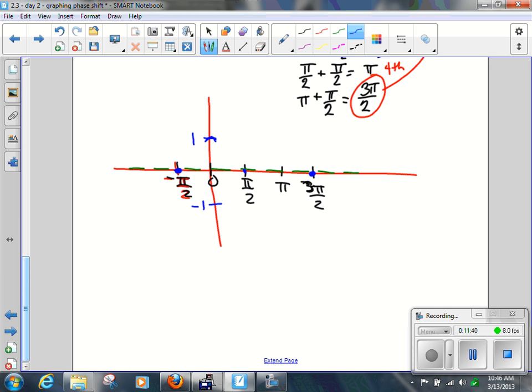My minimum value is going to be where? At pi, which happens to be my 1, 2, 3, 4th point. Now, I will be very upset if you dip below your minimum value or if you go above your maximum value.